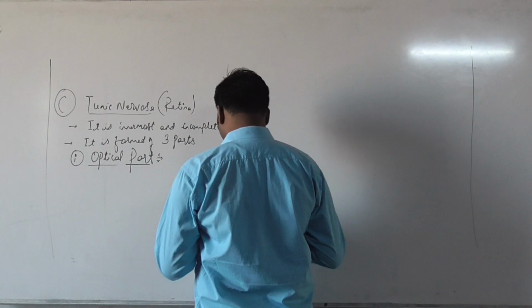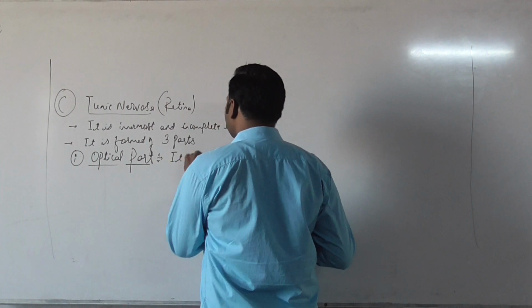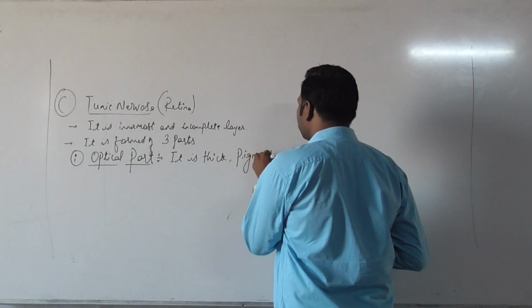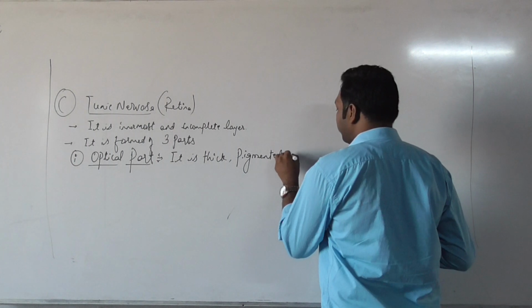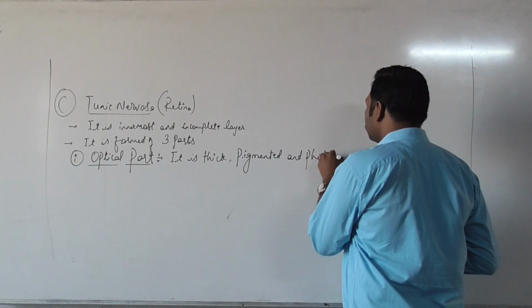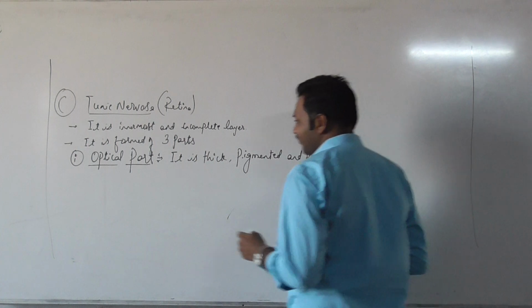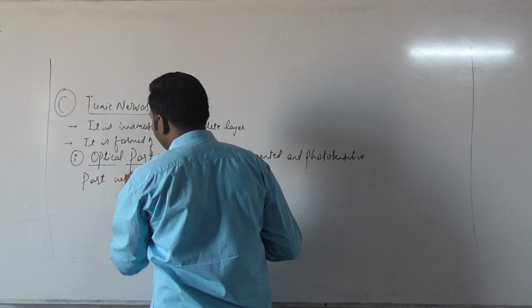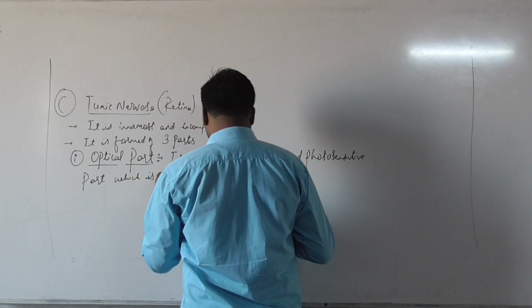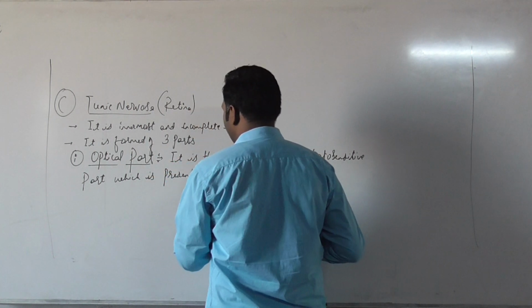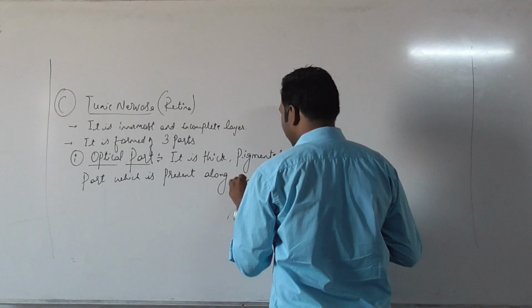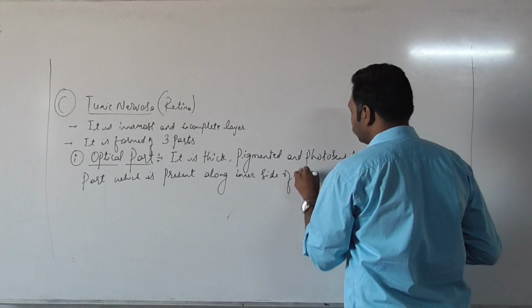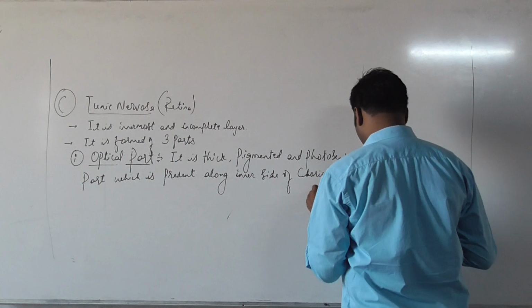Okay, so the optical part is a thick, pigmented and photosensitive part, which is present along the inner side of the choroid.